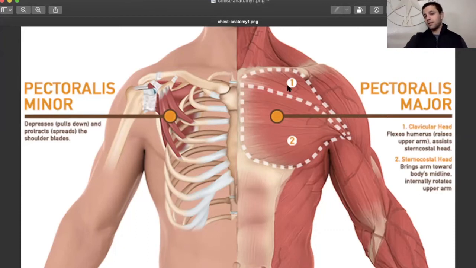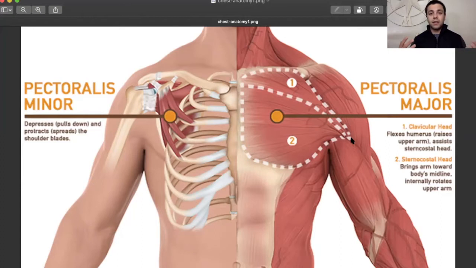We can see the clavicular head is coming off of the clavicle right along here, and then there's the sternocostal head. You can call it sternal, whatever, as long as you're referring to the same region. You can see how the muscle fiber orientation starts off of the sternum, which you can see a little bit better here on the left side of this picture. Those muscle fibers originate there, and they have a common insertion point, which is the lesser tubercle, or lesser tuberosity, of the humerus.